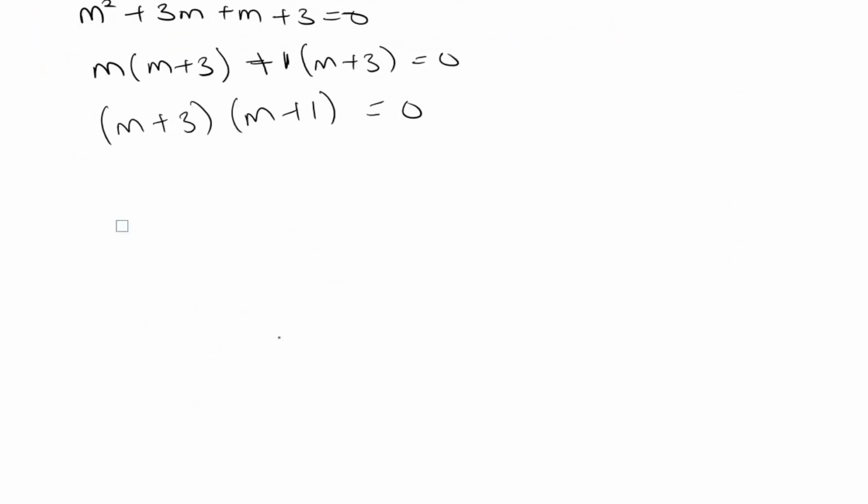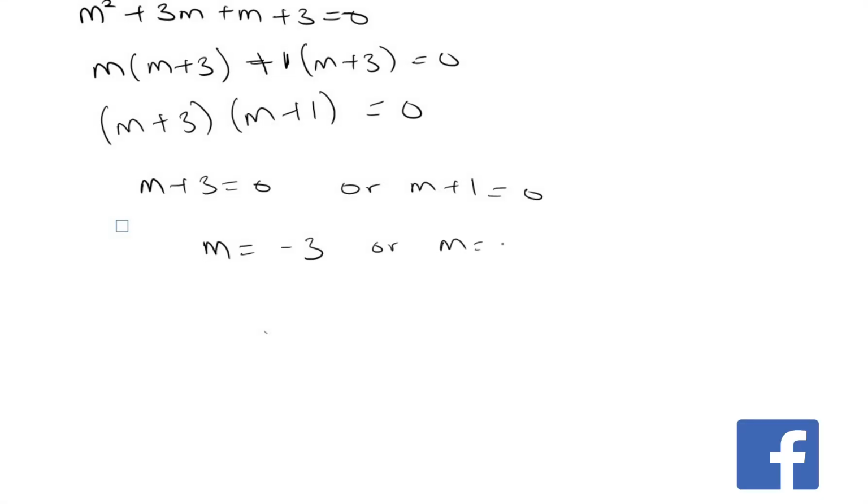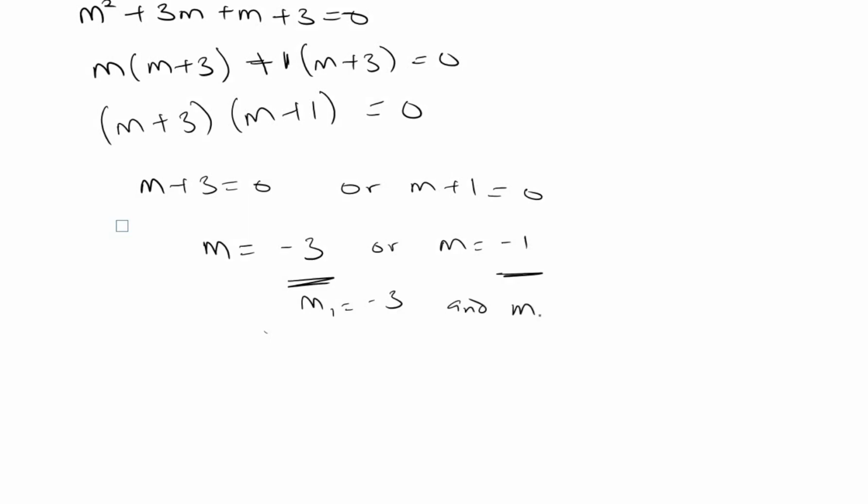So this means that either m plus 3 is equal to 0 or m plus 1 is equal to 0, which means that m is equal to negative 3 or m is equal to negative 1. So these are the roots of the auxiliary equation. Here we have m1 as minus 3 and m2 as minus 1.